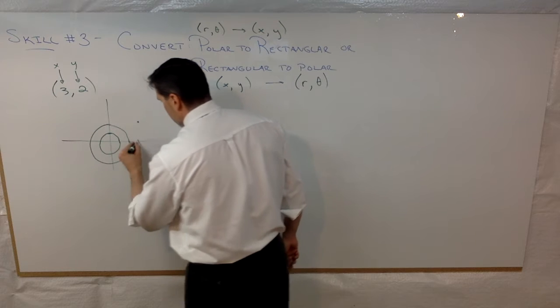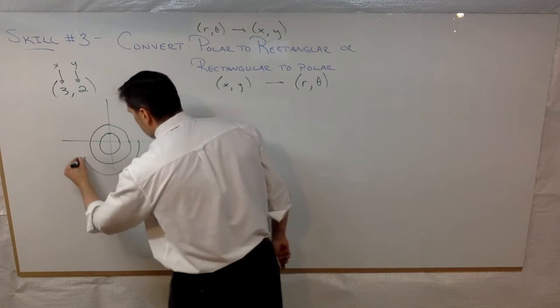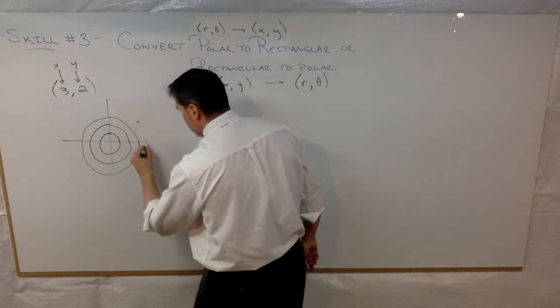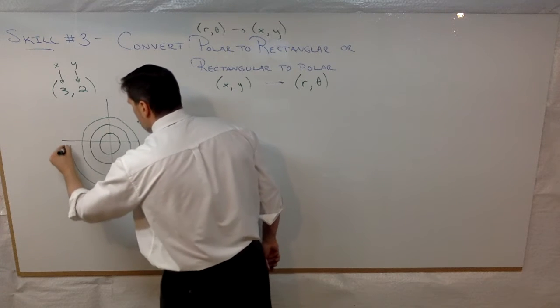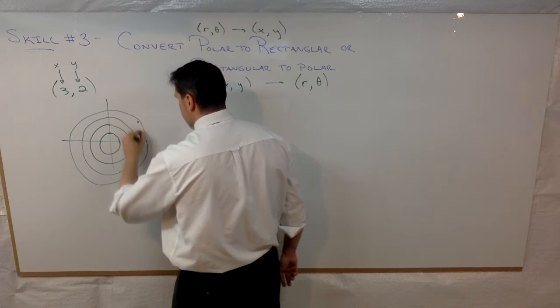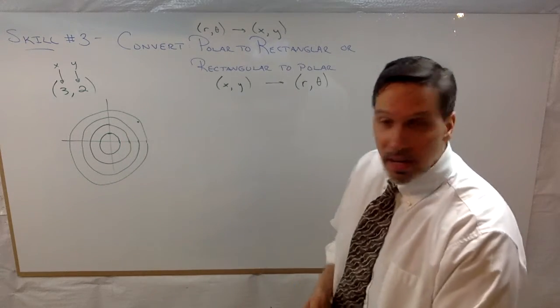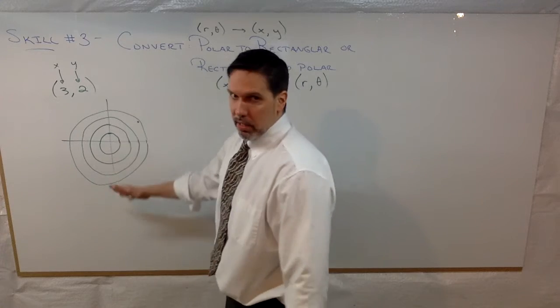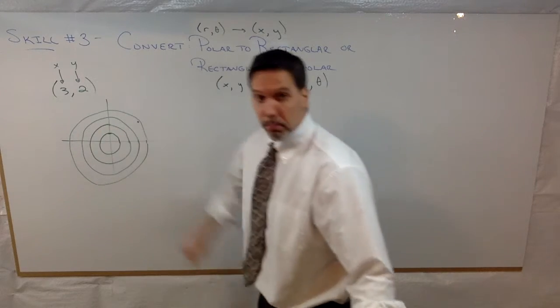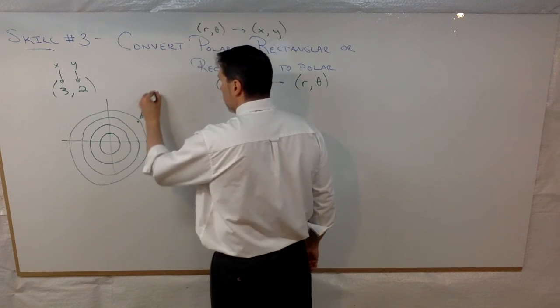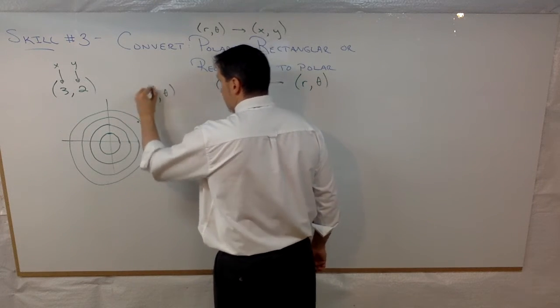Let's try to do this. The question is, where would this point be if you put the polar plane on top of the Cartesian coordinate system? In other words, what would the r and the theta be?